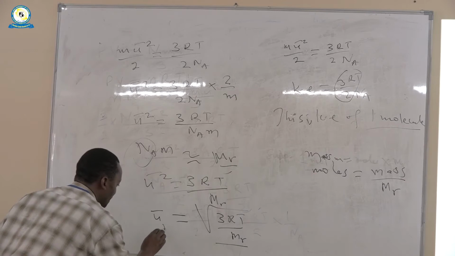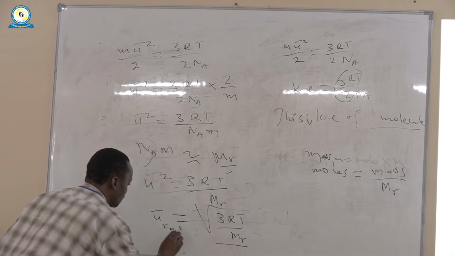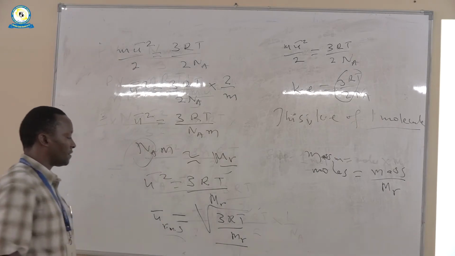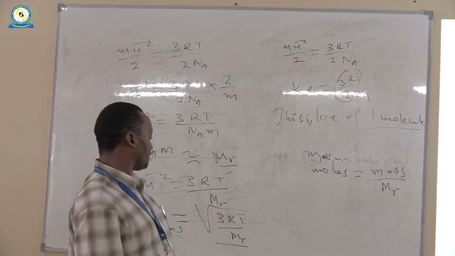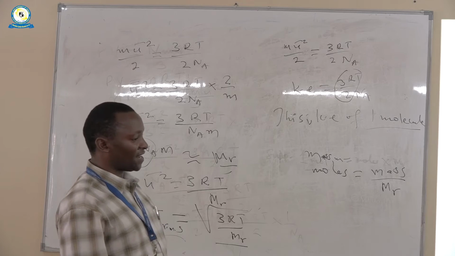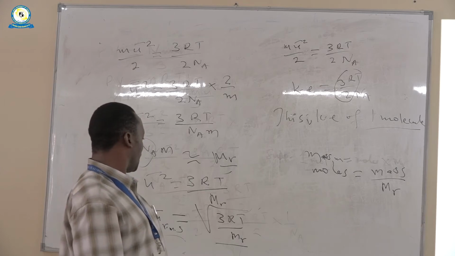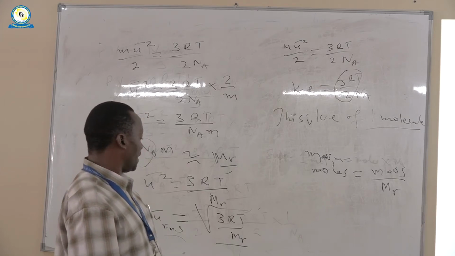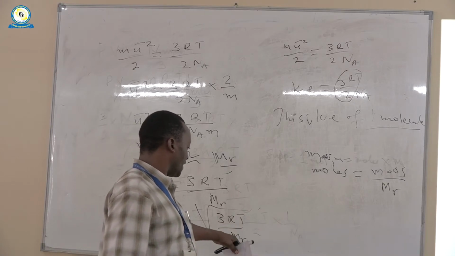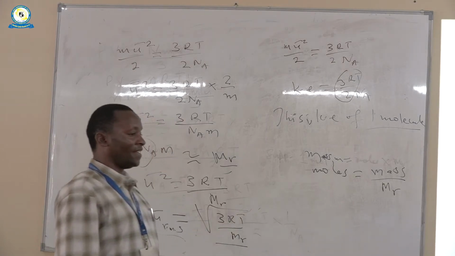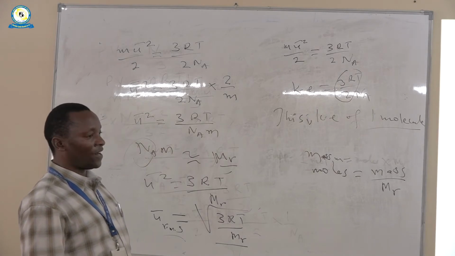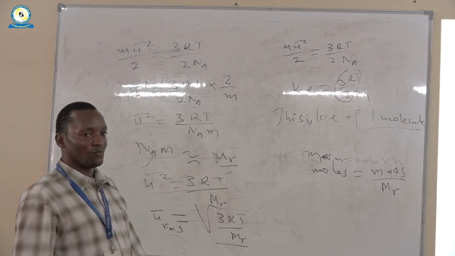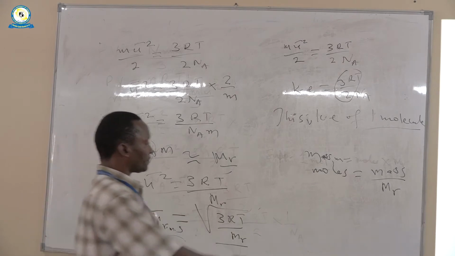This is called relative mean square speed. Relative mean square speed of a molecule. So if you want to find out the relative mean square speed of a molecule relating to temperature and the molar mass, for a certain molecule, then we can use this one.